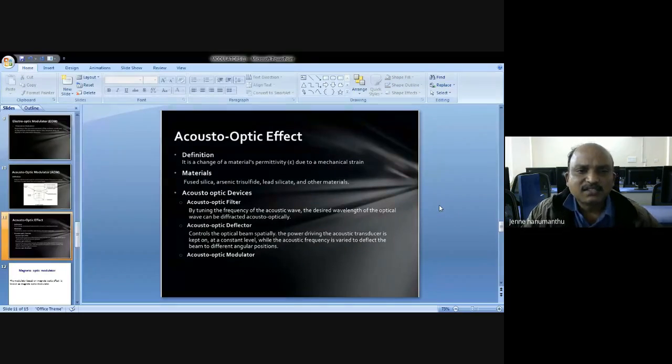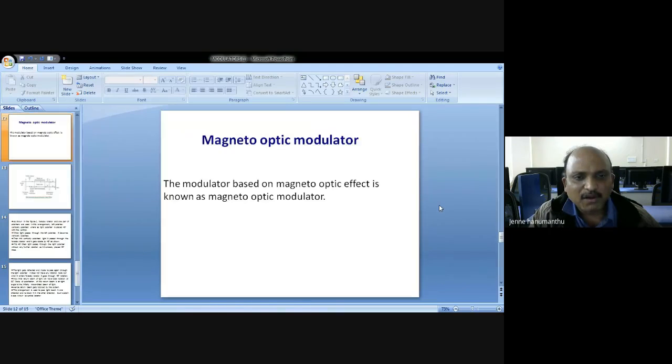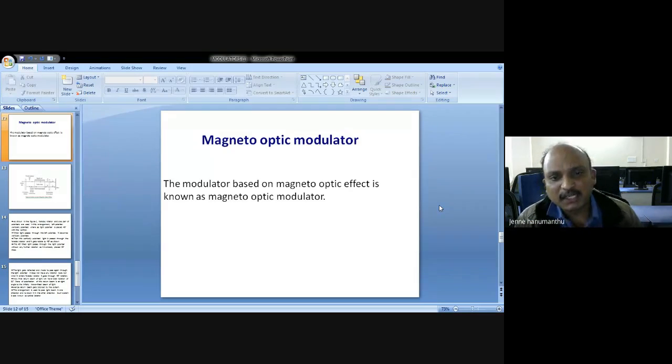Next, these are all what I discussed. And the third one is the magneto-optic modulator. You can easily understand this magneto-optic modulator. In the first case, electro. Second case, acousto.